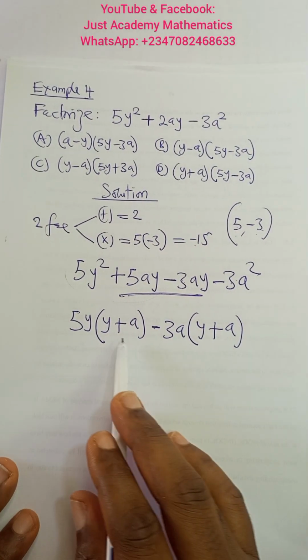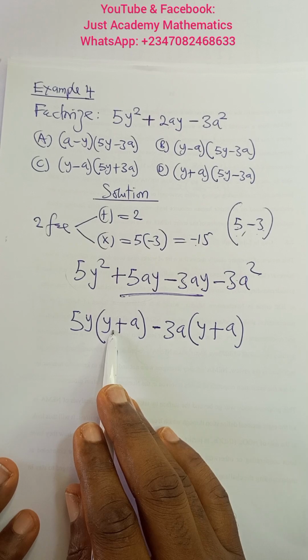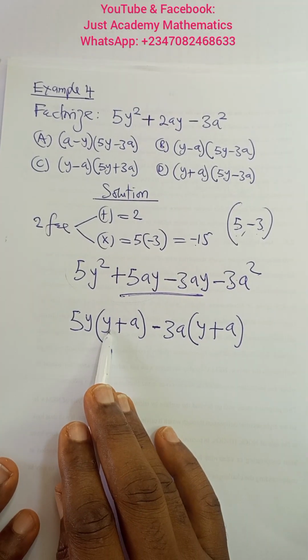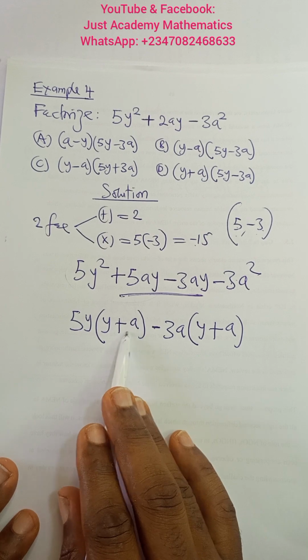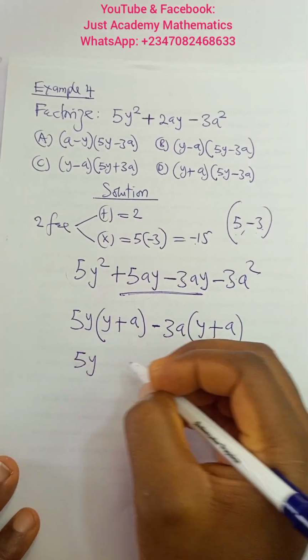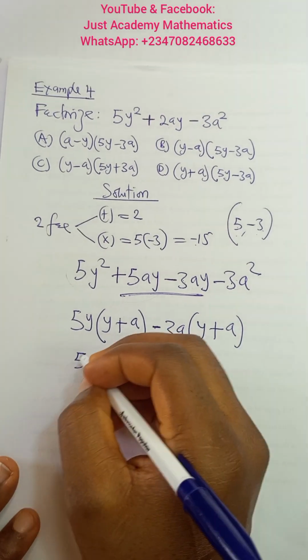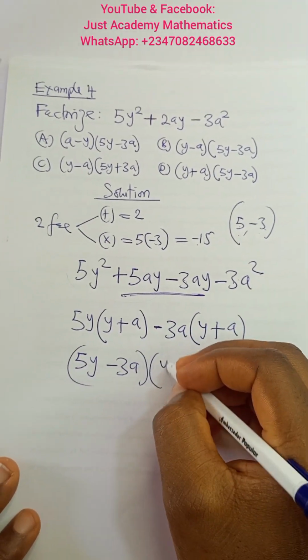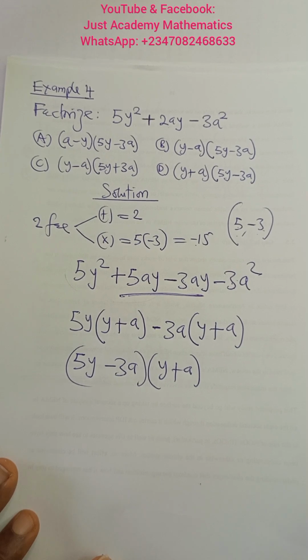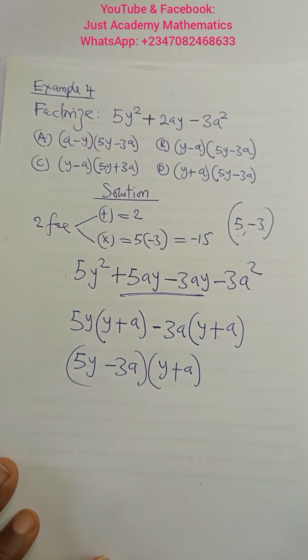So if we factor out what is common, which is y plus a, and bring it out, what will remain is 5y minus 3a, times what we brought out, which is y plus a. Are you following?